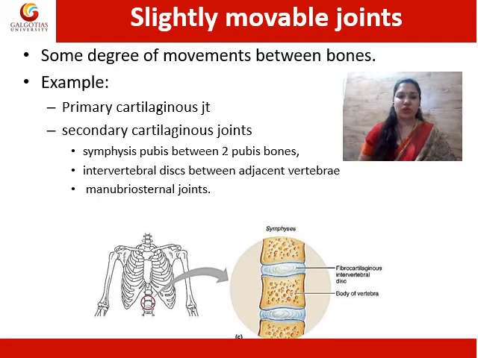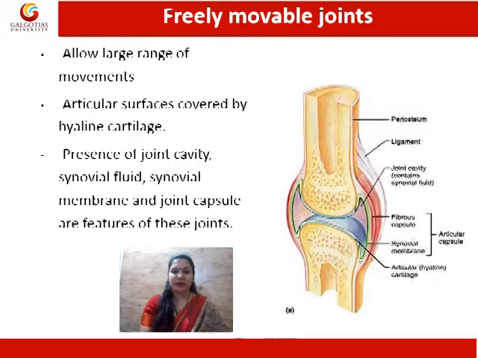Examples are the intervertebral disc between two adjacent vertebrae. This is the first vertebra and the second vertebra, and in between there is an intervertebral disc. The manubriosternal joint between the manubrium and sternum is also in this category of joint.